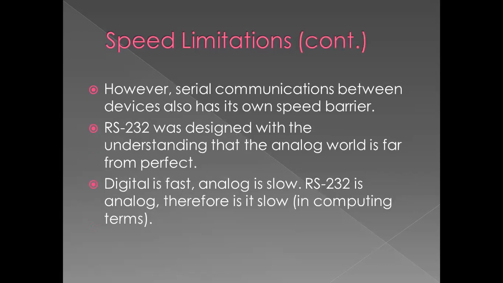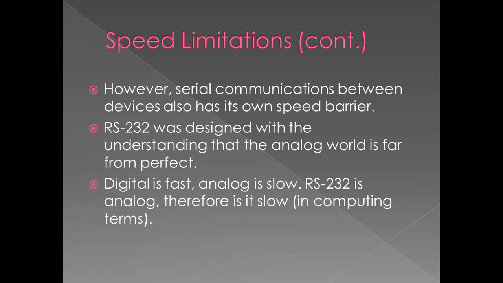Speed limitations. However, serial communication between devices also has its own speed barrier. RS-232 was designed with the understanding that the analog world is far from perfect. Digital is fast, analog is slow.